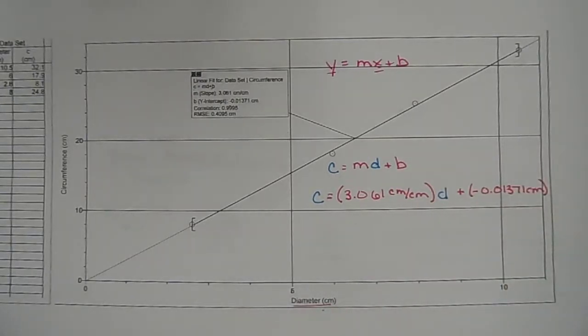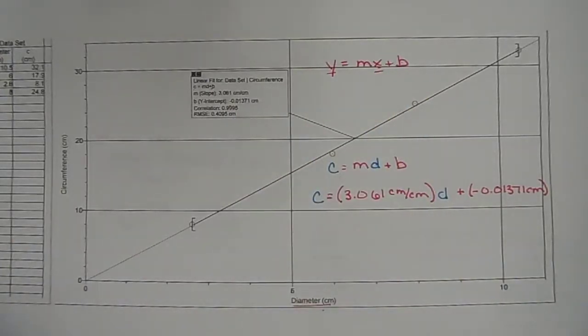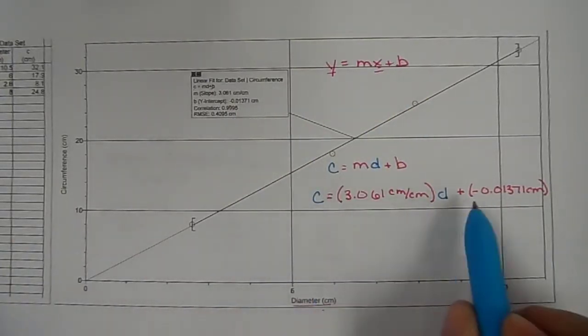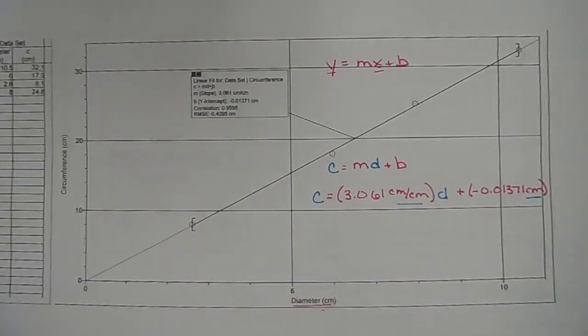Okay? That's your slope form equation. So when it says to write an equation, this is what I'm looking for. If you give me something with a y or an x in it, it's going to be wrong, okay? You need to change these to your variables. You need to label your y-intercept, and you need to label your slope.